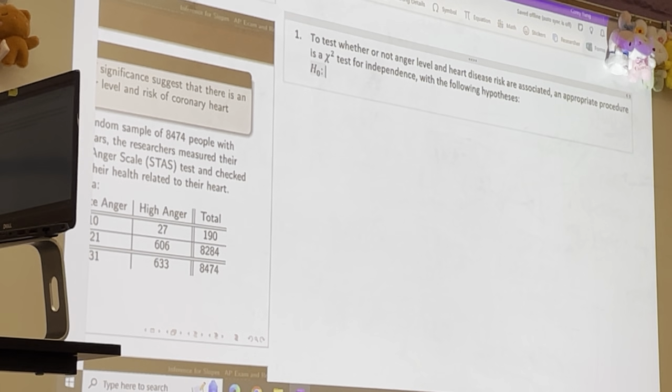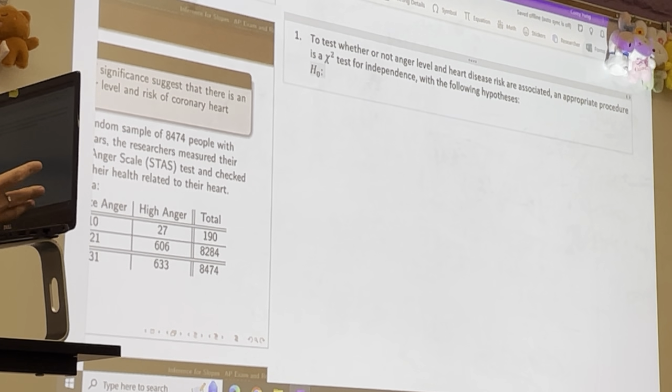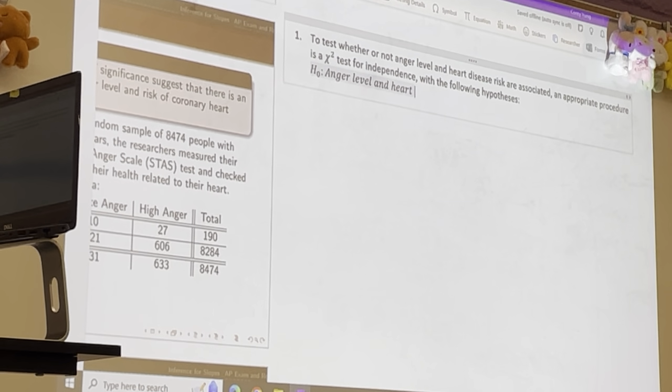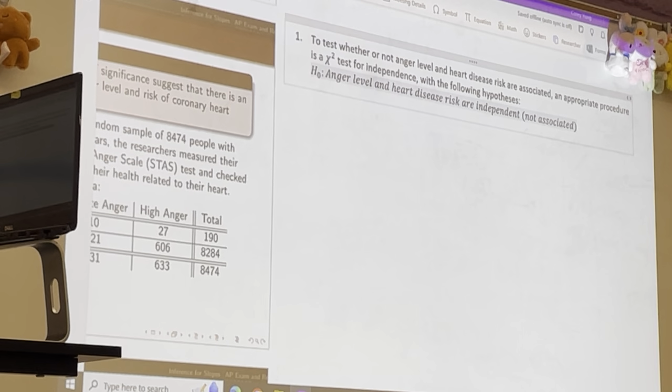Okay, so under the null, the 2 categorical variables have to be independent. Remember, always phrase it in the context of the problem. So in this case, anger level and heart disease risk are independent. You could alternatively say, instead of independent, that they are not associated, if you want to be using the same language as the question.